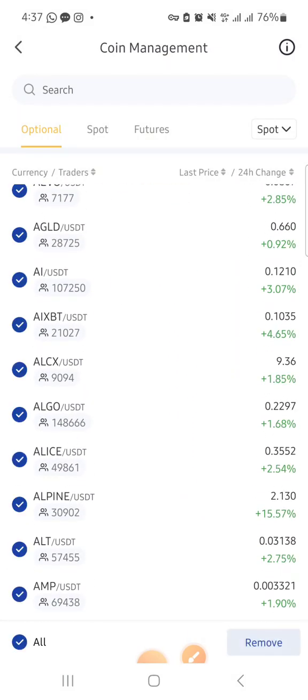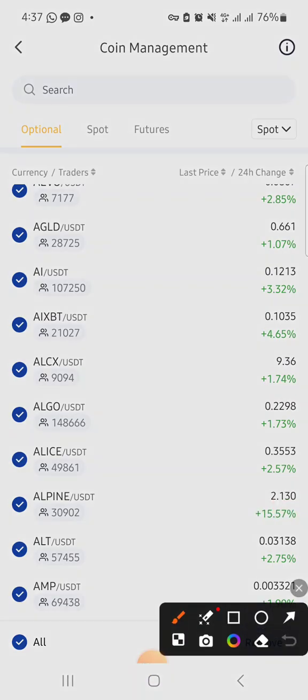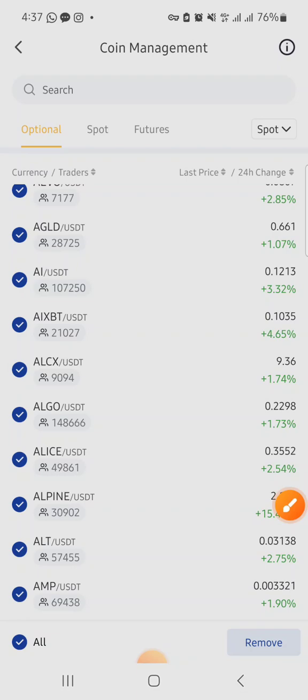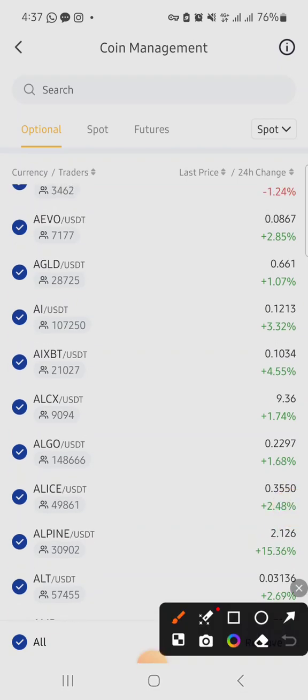You will see All, and directly opposite the All, you will see Remove.